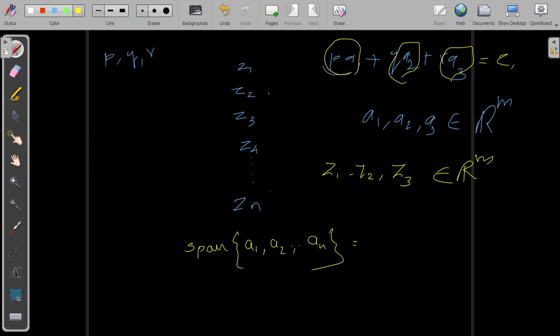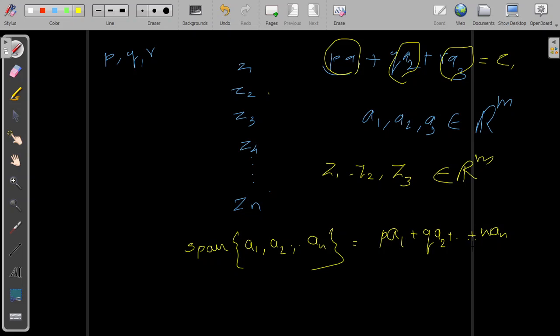What do you mean by span? I will be considering some arbitrary real numbers, let us say P, Q, R, S, T, etc. Then span means P into A1 plus Q into A2 plus etc., plus W into An, like that, right?